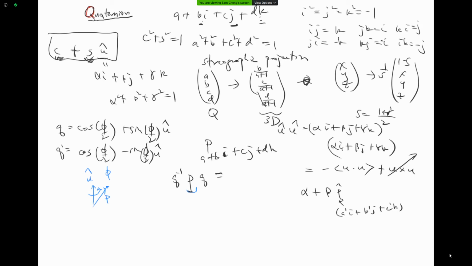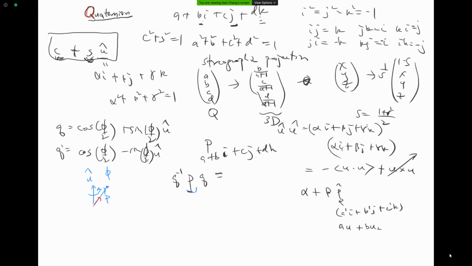And I can also decompose this p hat as, let's say, au plus bu perpendicular. So what I mean here is I can decompose this p hat by two directions. So I have this p here, p hat is this direction, maybe I use a different color again.